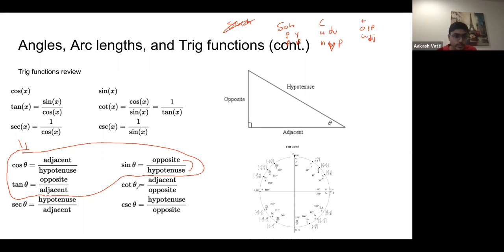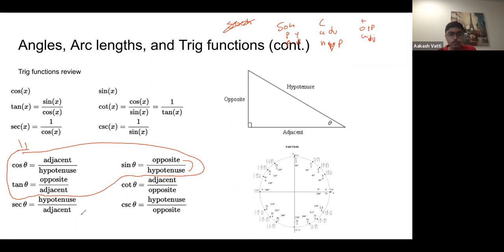Tangent is opposite over adjacent. And the inverse of it, cotangent, is adjacent over opposite. You have secant, which is the inverse of cosine. Again, cosine is adjacent over hypotenuse, while secant is hypotenuse over adjacent.